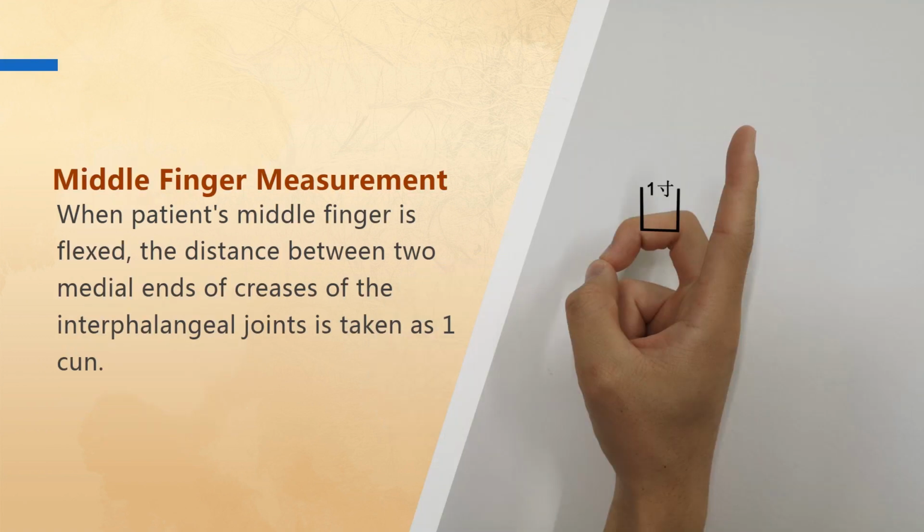First, middle finger measurement. When the patient's middle finger is flexed, the distance between the 2 medial ends of the crease of the interphalangeal joints is taken as 1 cun.